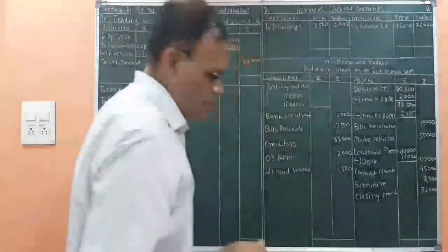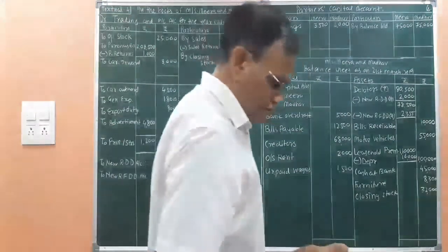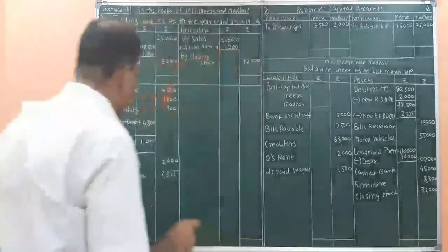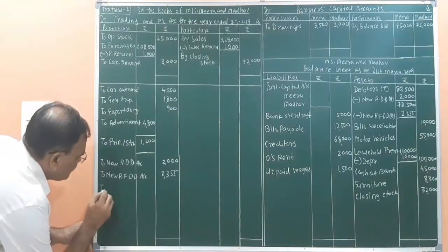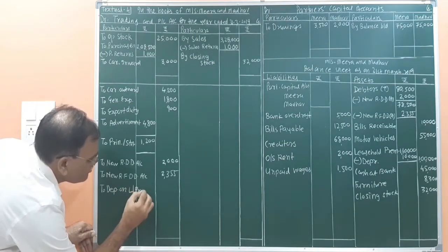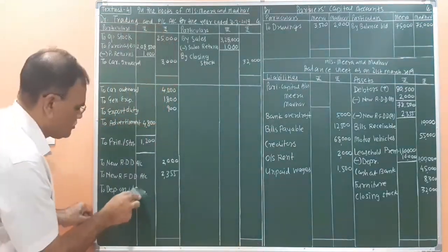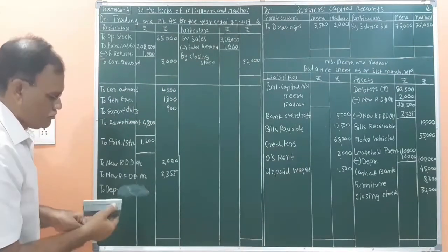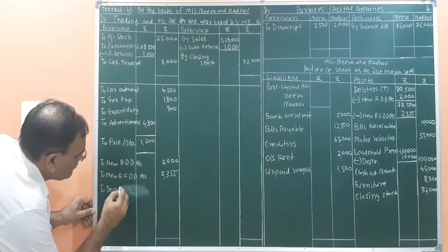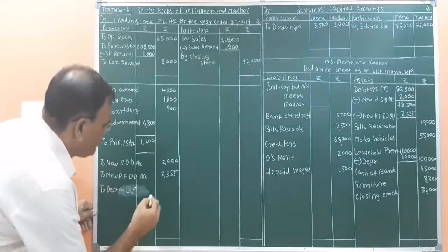So here I will write leasehold premises depreciation, and again here depreciation on leasehold premises, that is 10,000.